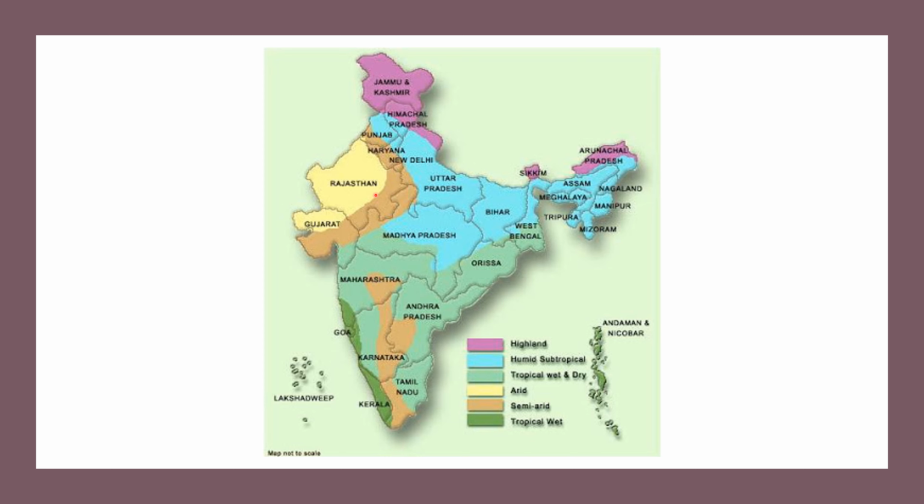And Rajasthan, being in an area where the rain-bearing winds are running parallel to the Aravallis, does not get rainfall as there are no barriers over here to stop the rain-bearing winds.